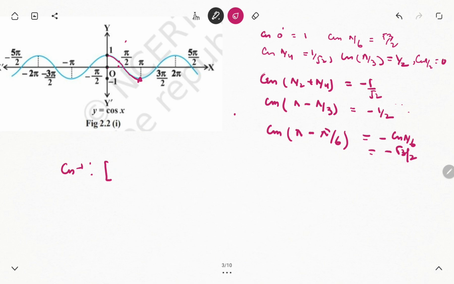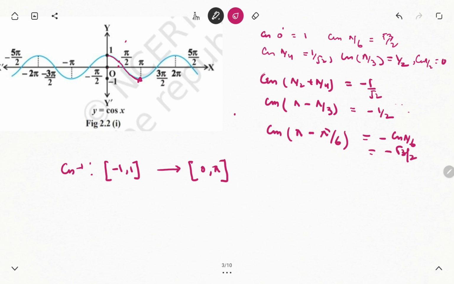So see, this domain is closed minus 1 to plus 1, but its codomain in this case will be from closed 0 to pi. This you will have to take very seriously.